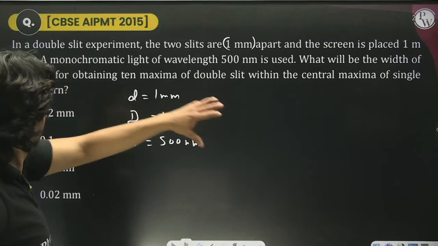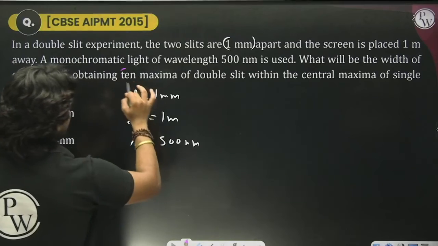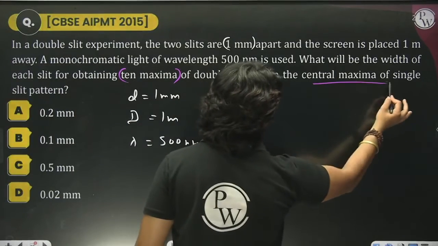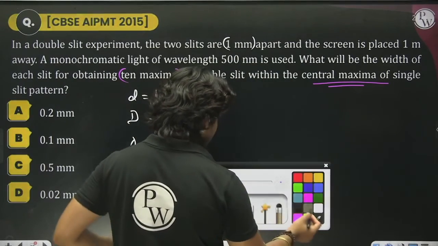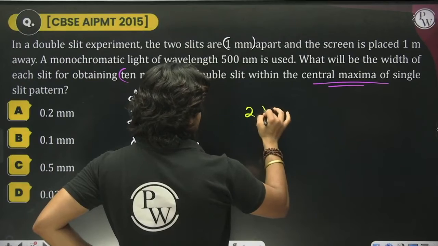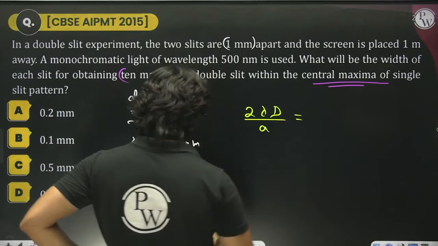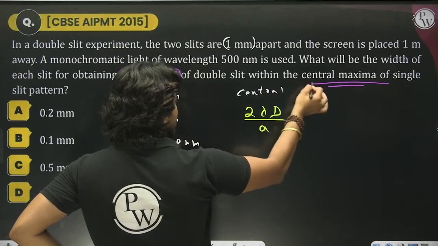What will be the width of each slit for obtaining 10 maxima of double slit within the central maxima of single slit? That means within the central maxima of single slit, how much is the width? 2 lambda D by, let's say the slit width is A. This is for the central maxima of single slit.